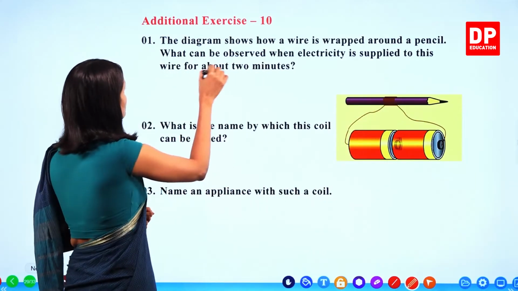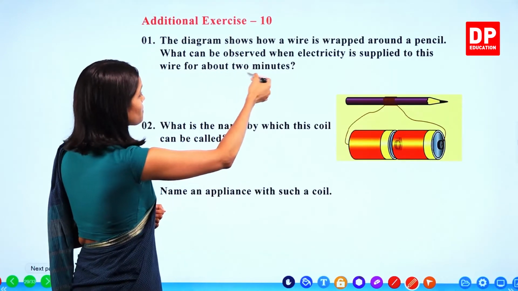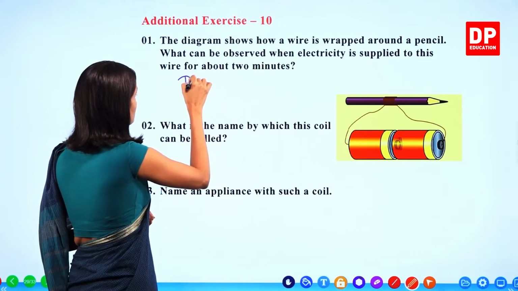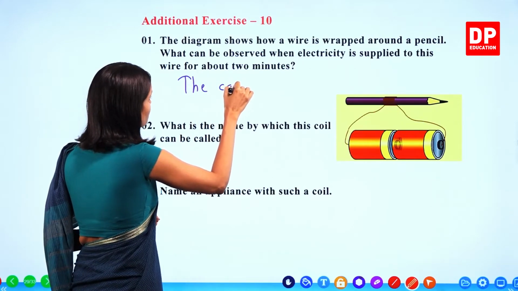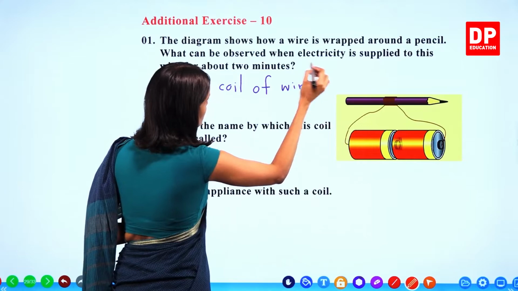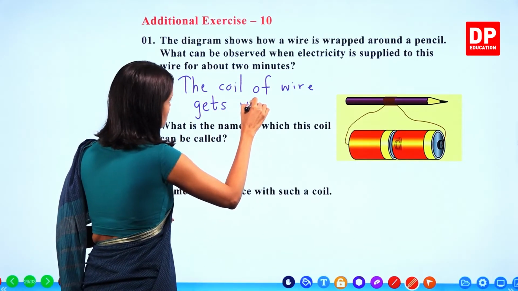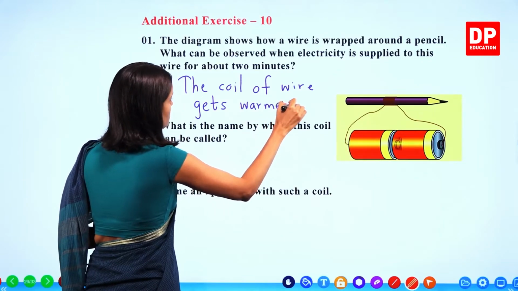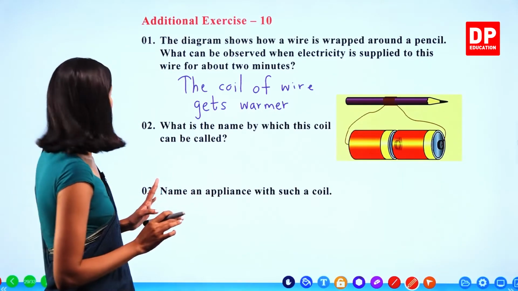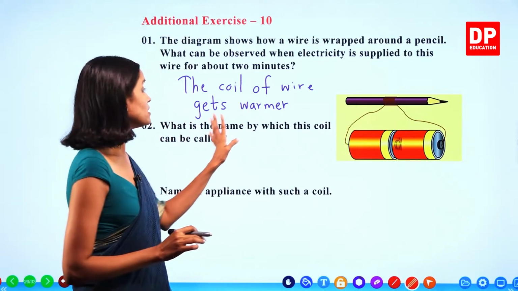Let's write. What can be observed when electricity is supplied to this wire for about 2 minutes? The coil of wire gets warmer. Right? What is the name by which this coil can be called?